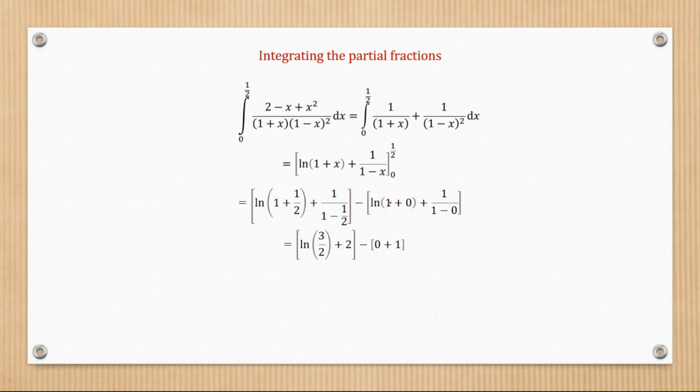And then 1 plus 0 is 1, but ln 1 is 0. So that's why we have that right there. Next we're going to open brackets, and you can see that we end up having ln 3 over 2 plus 2 minus 1, which is the same as ln 3 over 2 plus 1. When we press this in our calculator, this is the same as 1.405 to 3 decimal places. And that is the answer they wanted.